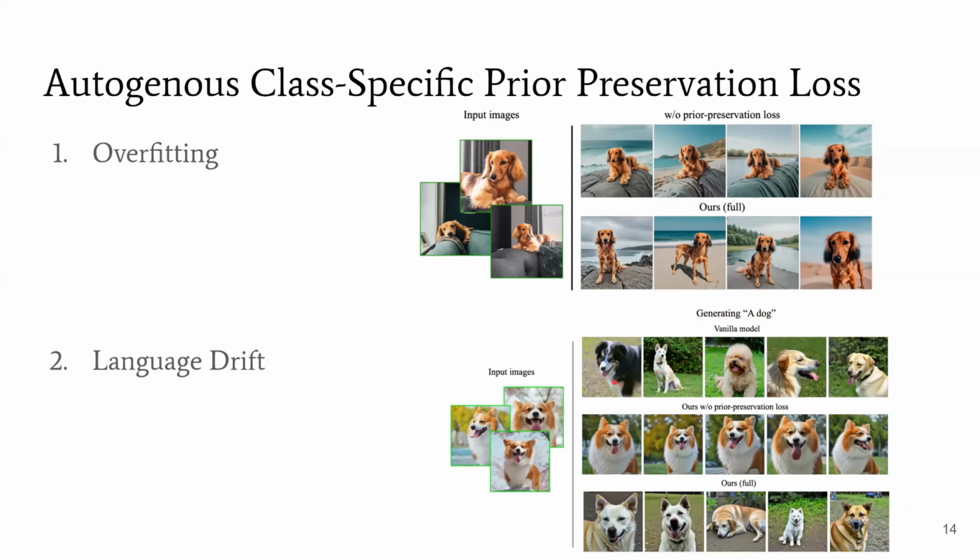We know that any old diffusion model is very adept at generating different breeds of dogs, different viewpoints, backgrounds, etc. However, if we fine-tune a model on just these 3 images of a dog, and we again prompt it to generate a dog, the problem is that it loses all prior information about how to generate images of a dog. Now we only have images of the fine-tuned subject. So again, this loss, when we implement it, we can see that it preserves the prior information of being able to be fine-tuned on a subject while still generating novel and distinct images of dogs.